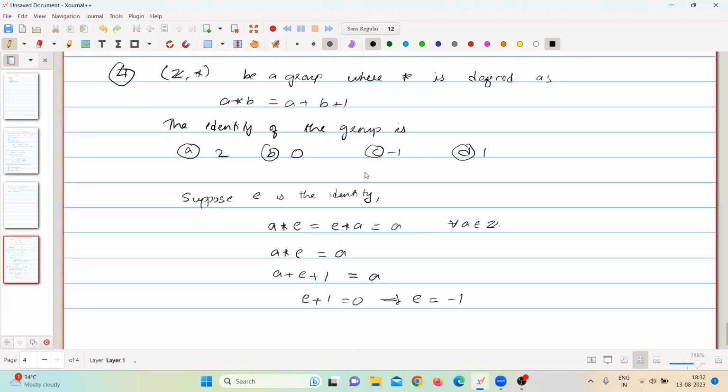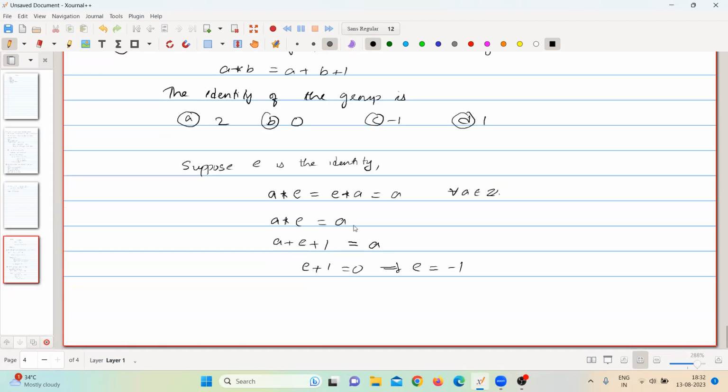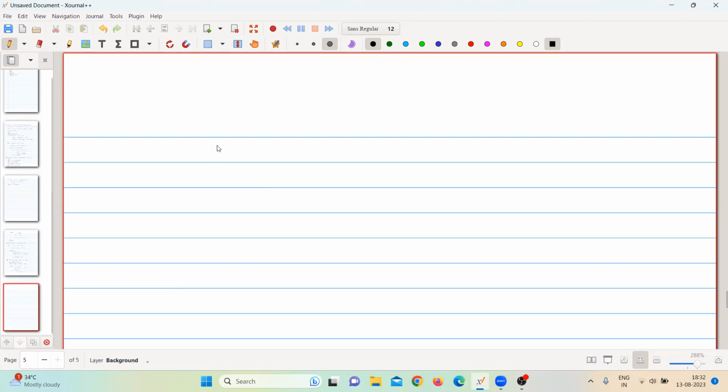Before going to the next problem, here itself, we can see what is the inverse of an element. The operation is given as A star B equal to A plus B plus 1. So my question is, what is the inverse of A in the set? How will we find the inverse?